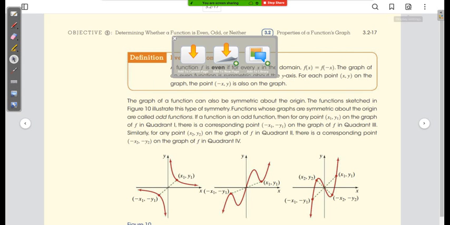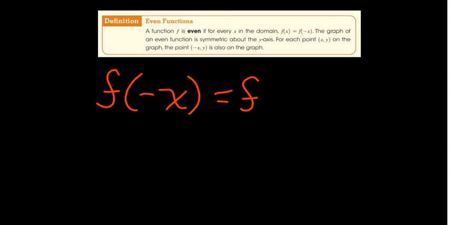All right, so we're going to put this definition on a new page, and I actually don't like the way they write it, just a tad. Instead, here's what I want you to do. I want you to write f of negative x is equal to f of x. That's what we're going to write, because remembering even and odd functions is going to work out so much better if you remember it this way, with the f of negative x first.